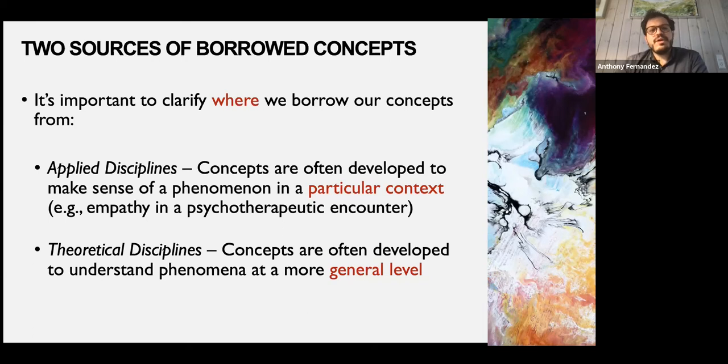In the case of borrowing concepts from another applied discipline, those concepts are often developed to make sense of a phenomenon as it manifests in a particular context. So again, for the sake of simplicity, we'll use Rogers' concept of empathy here. His concept of empathy was specifically designed to help us understand the nature of empathy as it manifests in a psychotherapeutic encounter between the psychotherapist and their client.